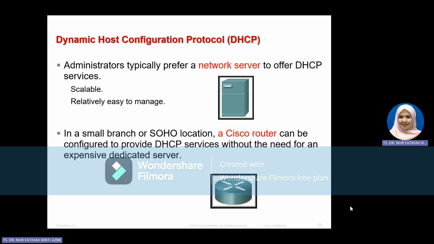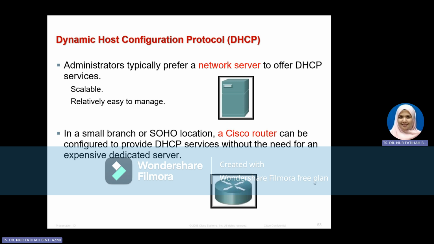But for a small branch or a SOHO, a small office, home office location, a Cisco router can be configured to provide the DHCP services. This is a more convenient solution because it can eliminate the need for a separate, potentially expensive server.